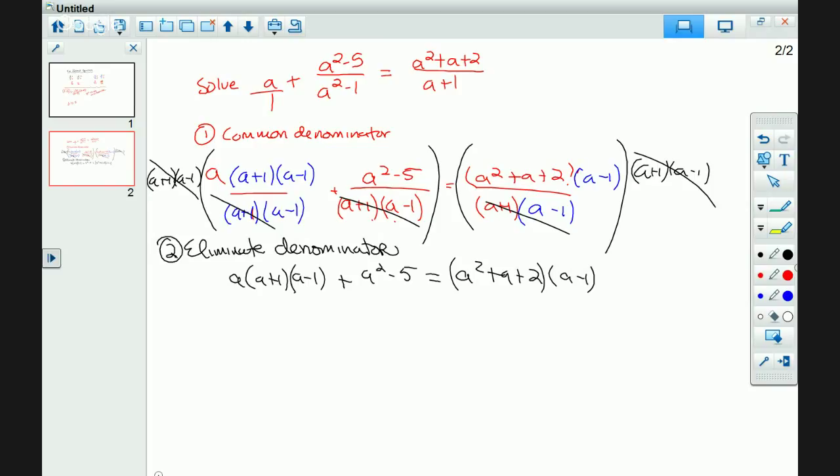And now we can start doing our output. This is stuff we already know. FOIL, multiply it in, combine like terms, it becomes a cubic. Okay. Notice the difference of two squares.